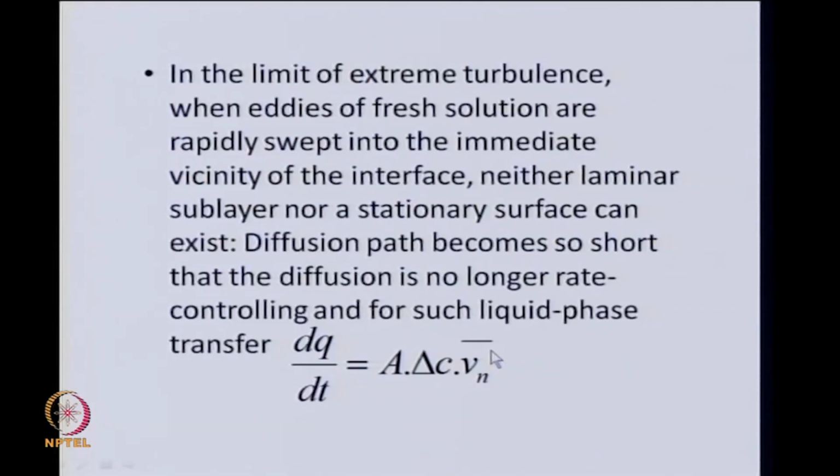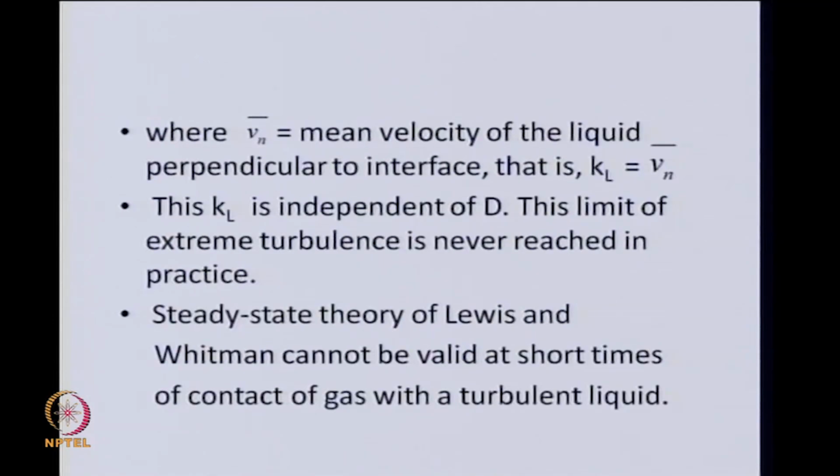So, that is indicating that it is a turbulent situation and you are doing the time averaging for the perpendicular component of velocity. In other words, in that extreme case we may say that our mass transfer coefficient KL becomes equal to Vn bar.